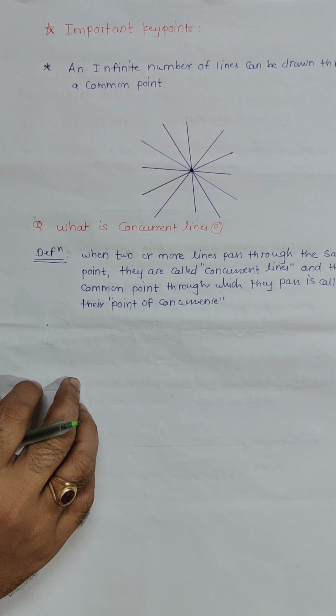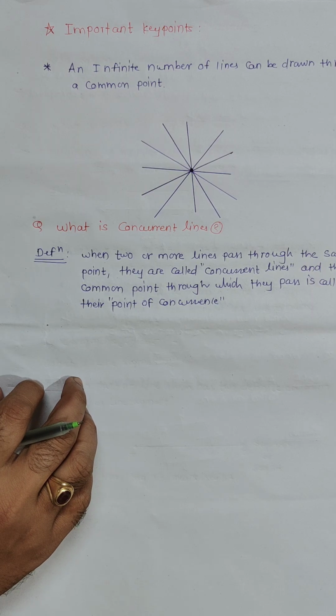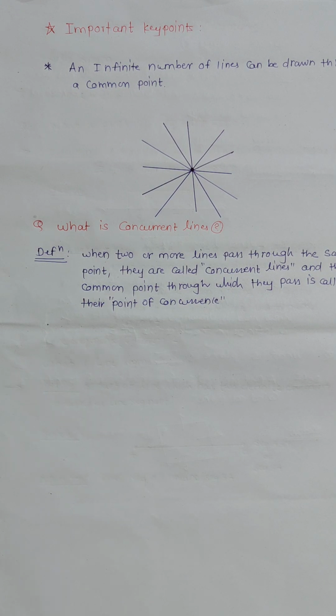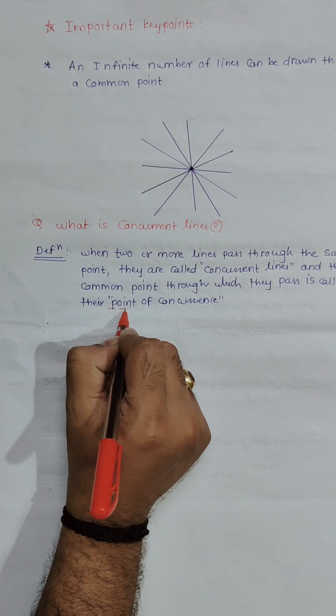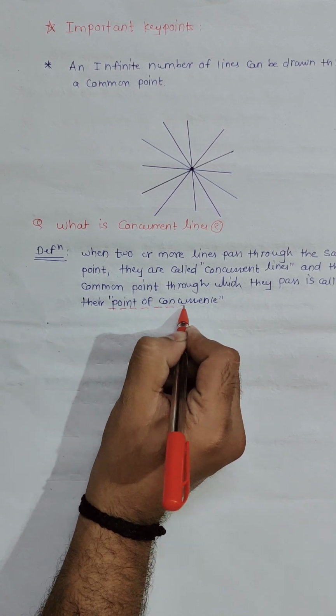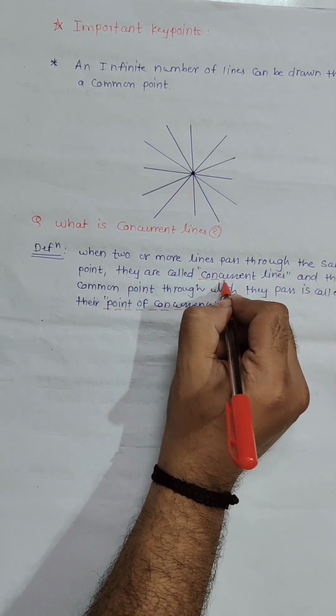That is the definition of concurrent lines. Here we have to draw the diagram of concurrent lines.